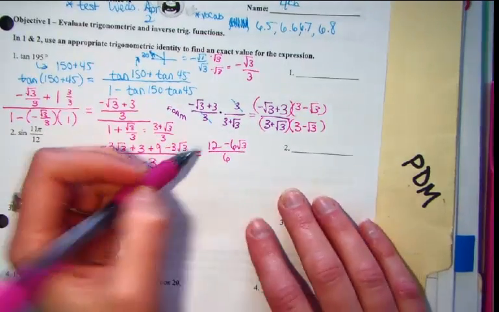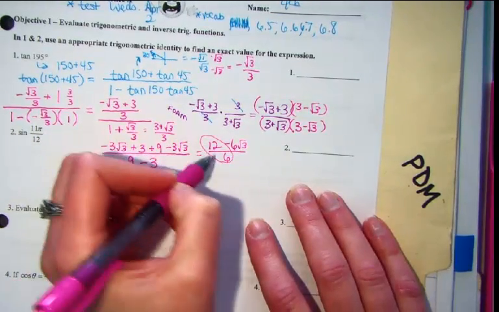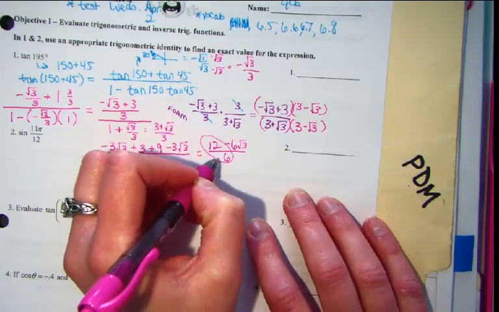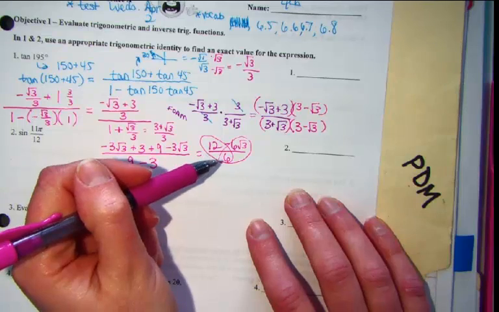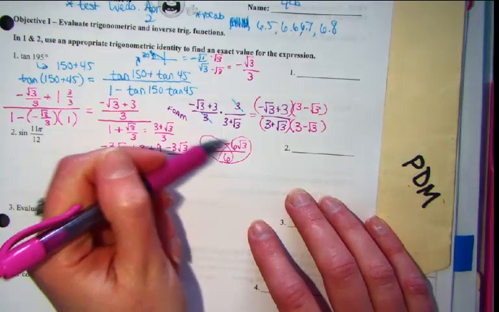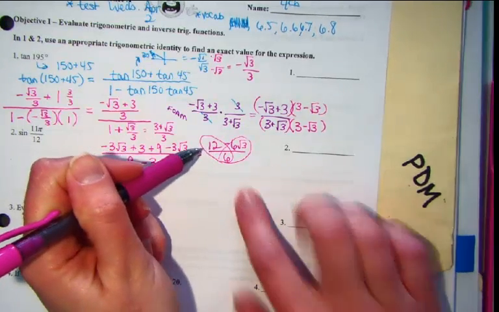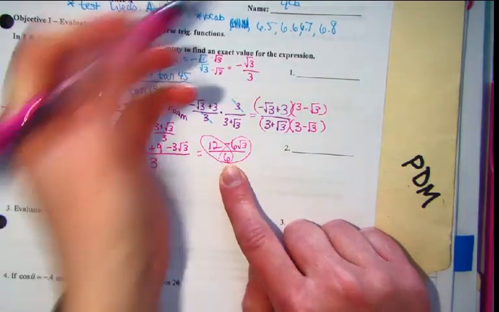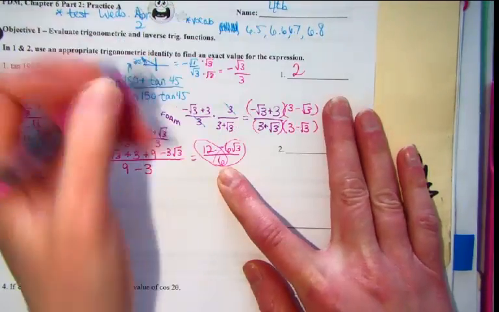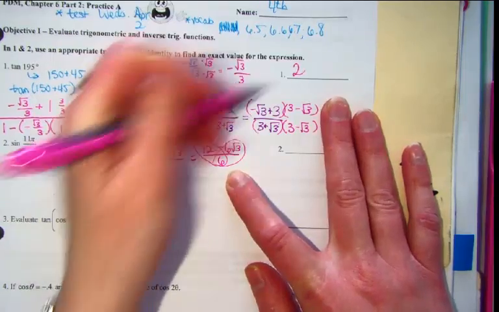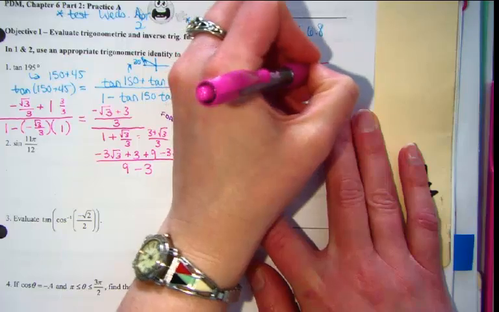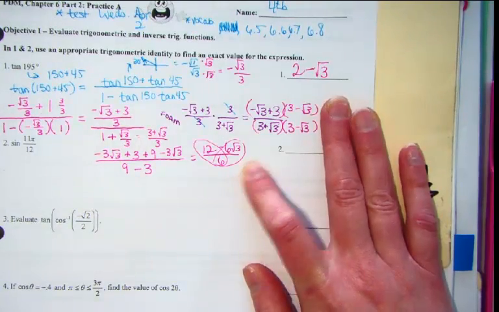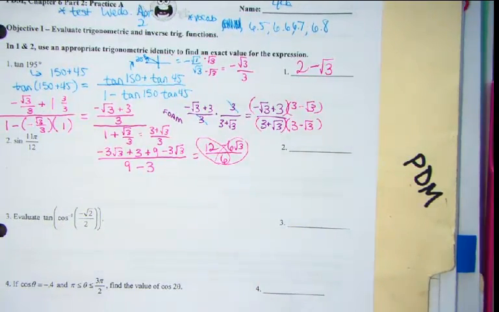It's a long problem. 12 over 6, 6 roots 3 over 6. I always say this, if I'm going to split up a fraction like this, I need to give it some love first. That's where we get that heart-shaped thing going. So 12 divided by 6 is a positive 2. Negative 6 divided by 6 is a negative 1. I end up with 2 minus square root 3. Final answer, all done.